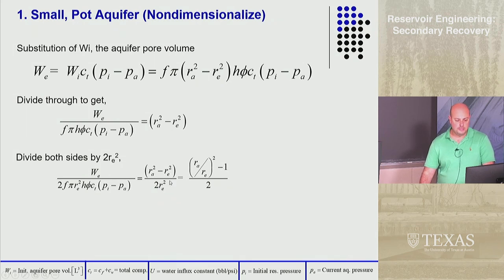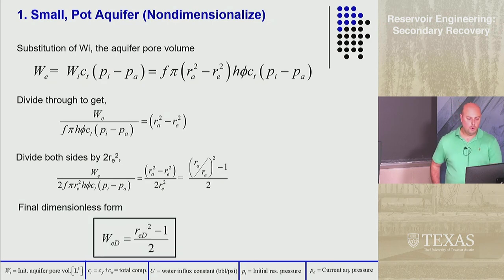And then what you can see is that RA² over RE² is given by this, and RE² divided by RA² is 1. So this term right here and this term right here are both dimensionless. You can plug in the variables and you'll see that they are dimensionless. In fact, it's pretty easy to see on the right-hand side. The radius of the aquifer and the radius of the reservoir both have the same units, right?